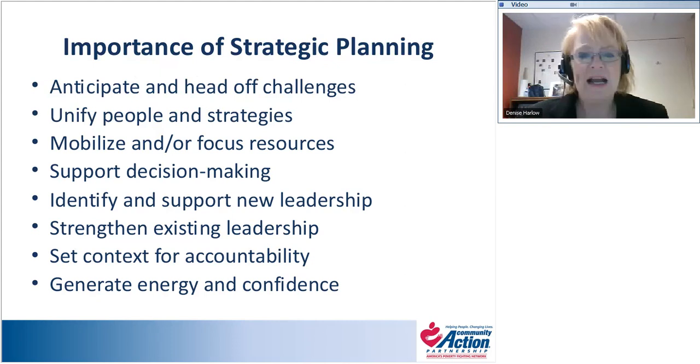And setting context for accountability. As I said earlier, at least the ED evaluation is most likely going to be directly tied to achieving the outcomes in your strategic plan. And certainly that's over time, not something that happens immediately. I would argue that your program director level, your senior management team, is implementing the operational components of your plan, and whether or not you're achieving those milestones is certainly staff accountability, but also board accountability.